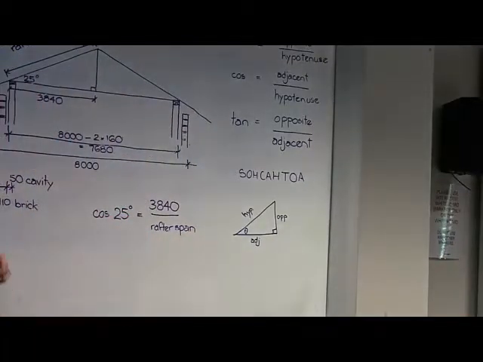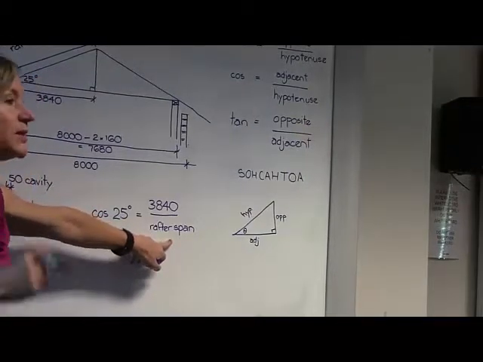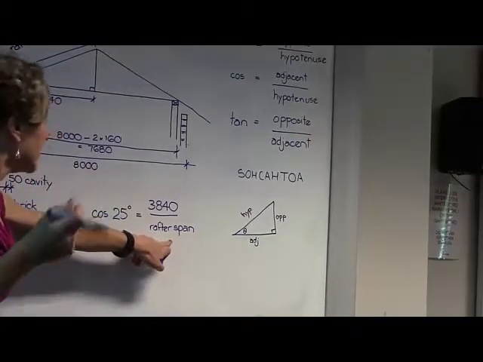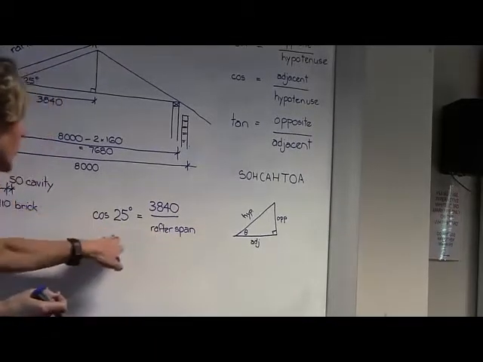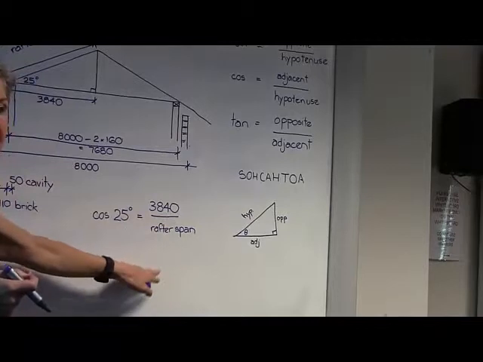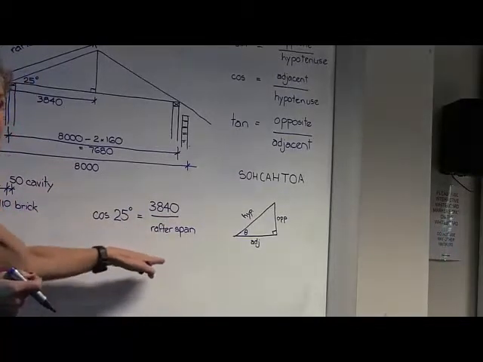If that's the thing I want to find, you have to drag back a little bit of your maths from year 10 or 12, and rearrange the equation so that it says rafter span equals.